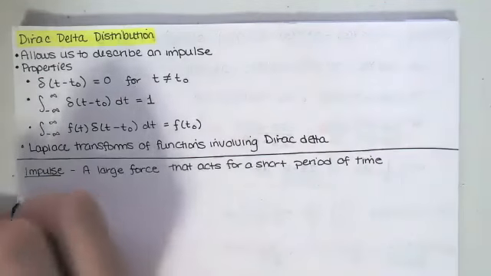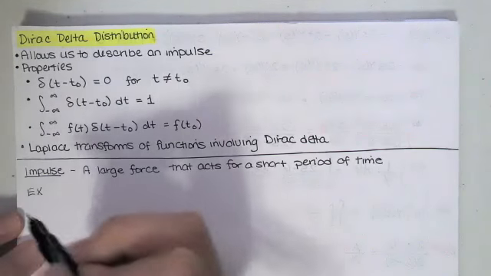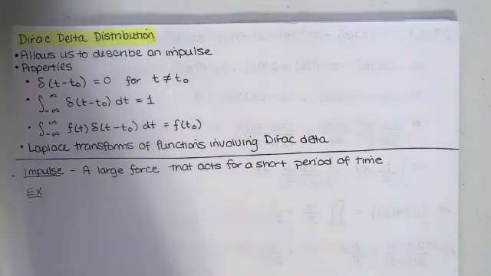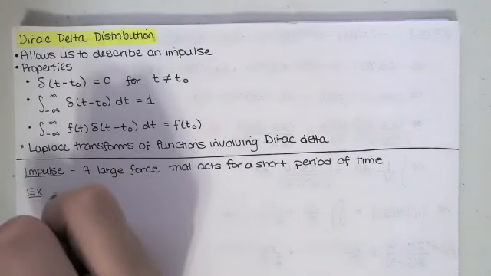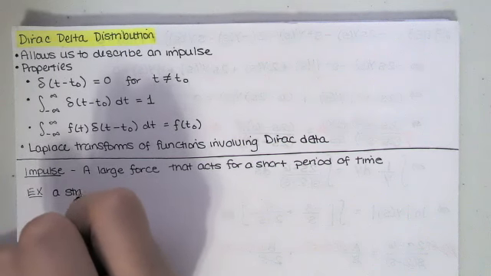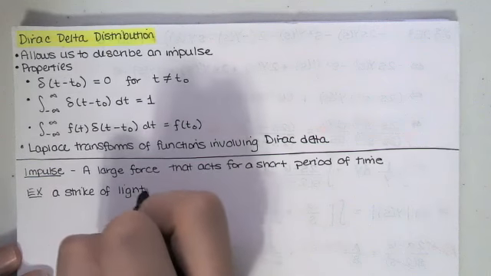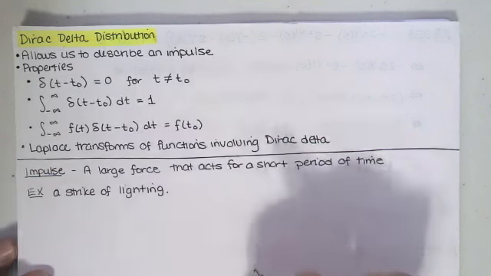So some examples are like a strike of lightning, or pretty much anything being hit. So you can think of hitting a baseball, a golf ball.